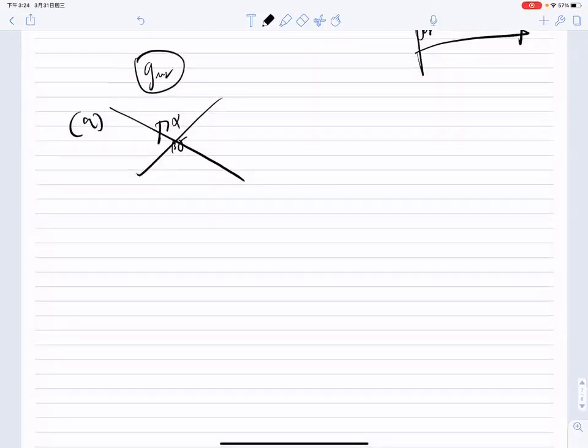Instead, he just asks you to write down the equation of motion directly, which is the geodesic equation, by giving you the metric. And then what can you do? The fastest way.